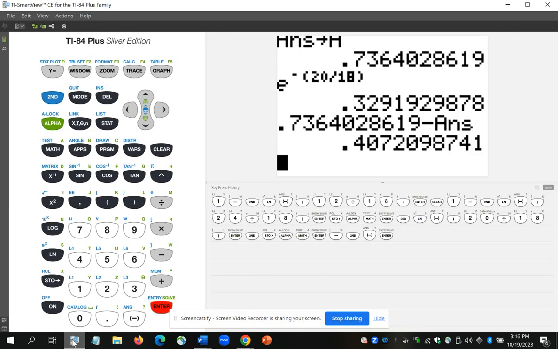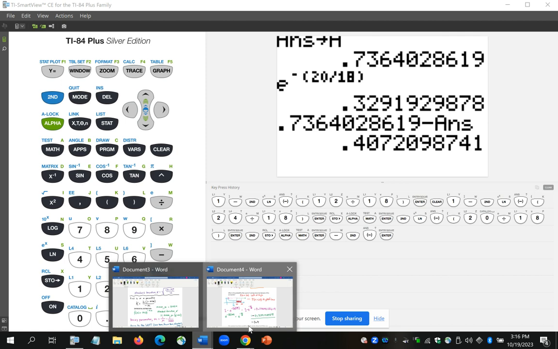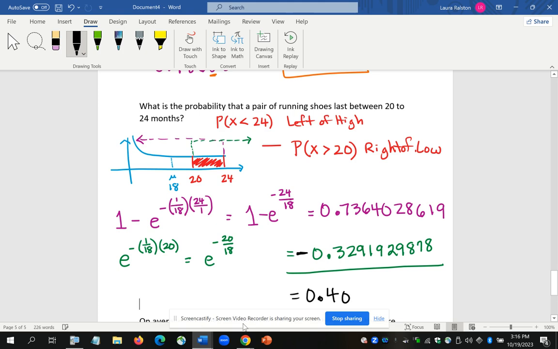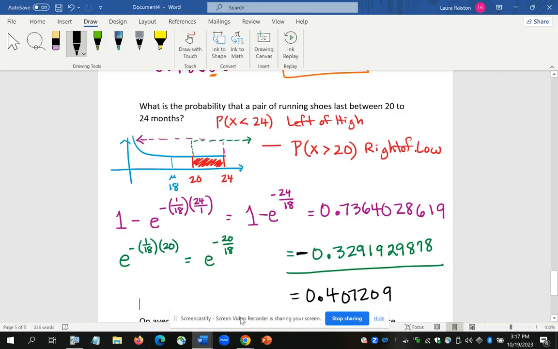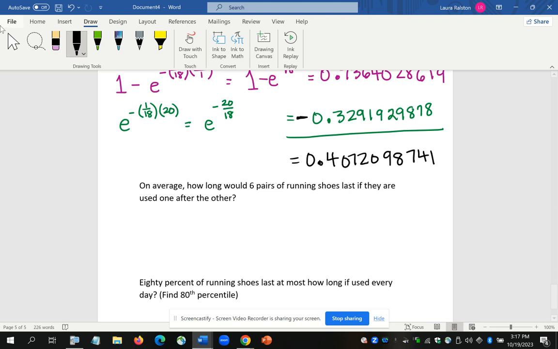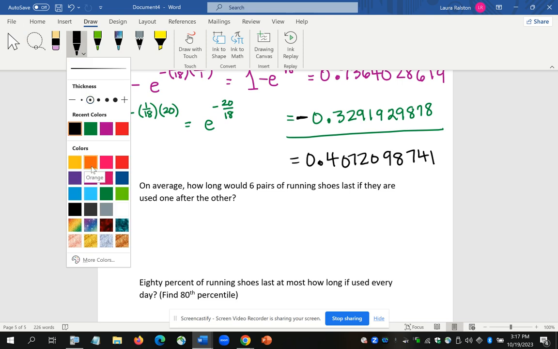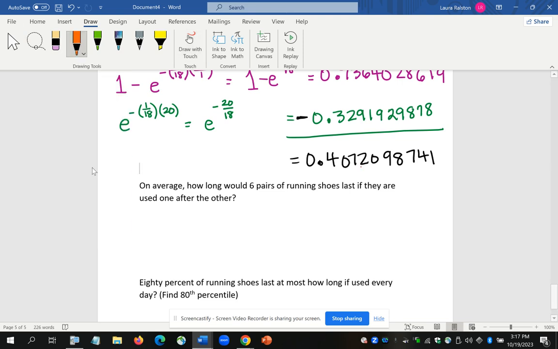Again, if I round to 4 places, which is typically the request, I would have the 2 in the 4th place, 0 next door. It doesn't get bumped. So I'd have 0.4072.